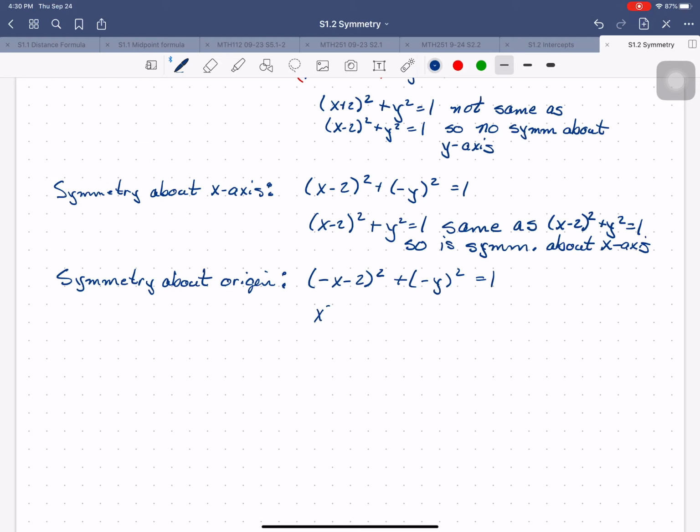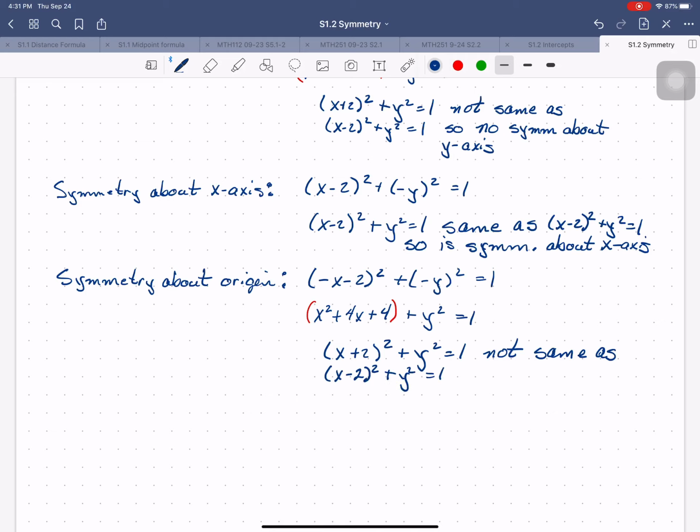And this gives me x squared plus 4x plus 4 plus y squared equals 1. Again, I know that this trinomial factors as x plus 2 squared plus y squared equals 1, which is not the same as what we started with, which was x minus 2 squared plus y squared equals 1. So no symmetry about the origin.